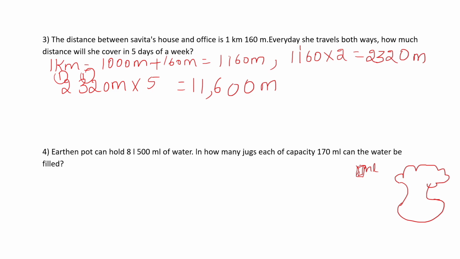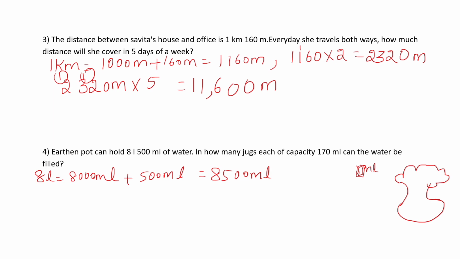So here first let us convert liters into milliliters. So here 1 liter equals 1000 milliliters. So 8 liters equals 8000 milliliters plus 500 milliliters, which is equal to 8500 milliliters.